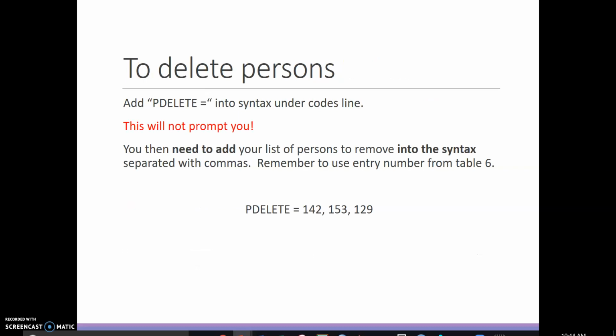To delete people, we are going to add PDELETE, person delete equals, into our syntax, and you add this under the codes line. This one is not going to prompt you like I showed you with the items. Here we actually need to list out all of our persons in the syntax. These are the 3 people that I want to delete, and we get that from table 6.